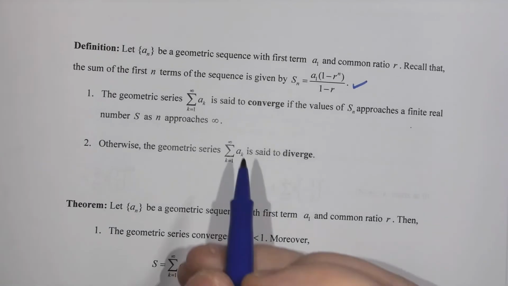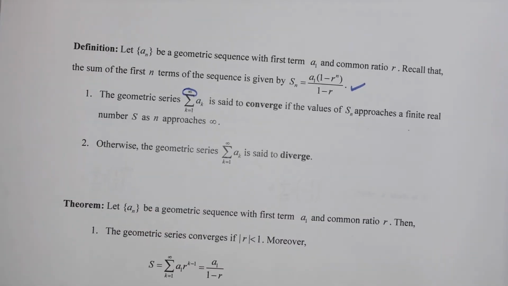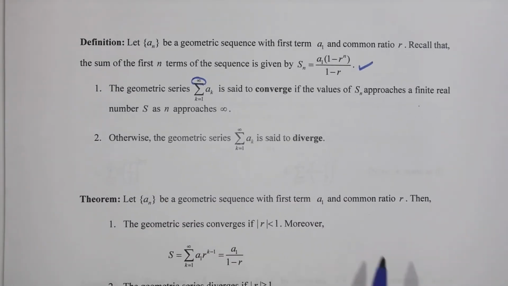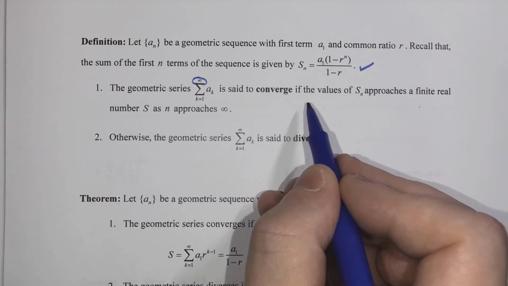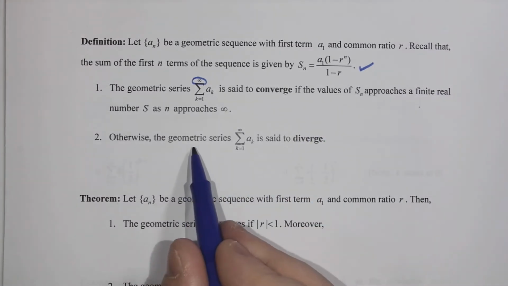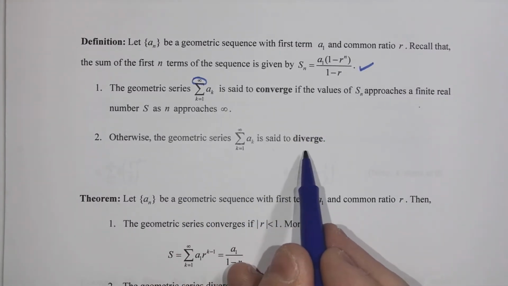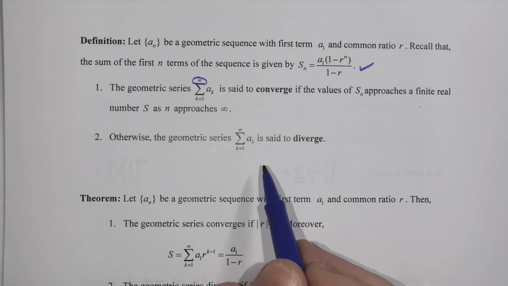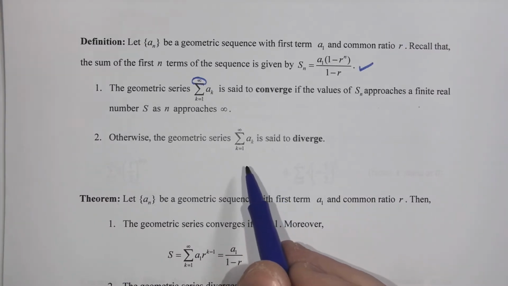We would say that the infinite series that adds up infinitely many terms converges if we approach a real number, and that it diverges if we fly off to infinity or if we oscillate between plus and minus infinity.